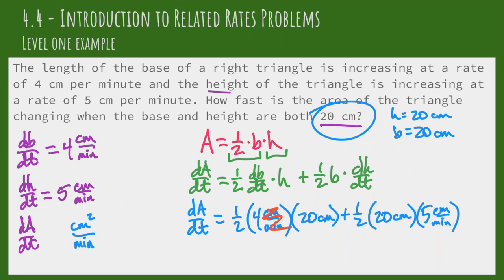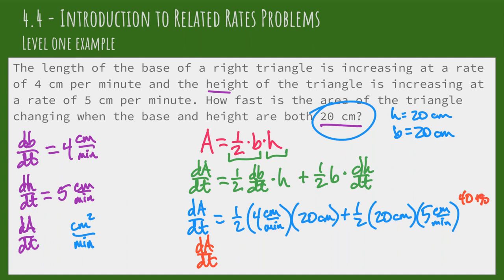I'm going to assume this is a multiple choice problem and we have to figure out what the actual number is. So let's do a little bit of math here. The first one, 1/2 times 4 is going to be 2, and 2 times 20 is 40. So we're going to have 40 for the first term. Second one, 1/2 times 20 is 10. 10 times 5 is 50.